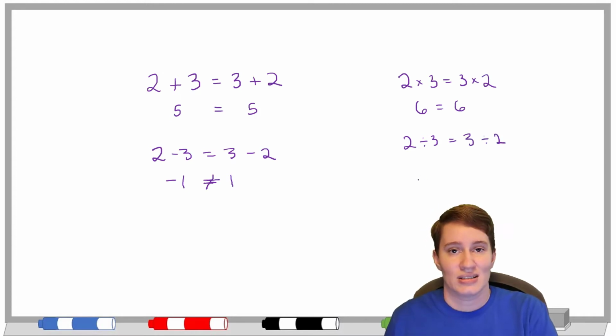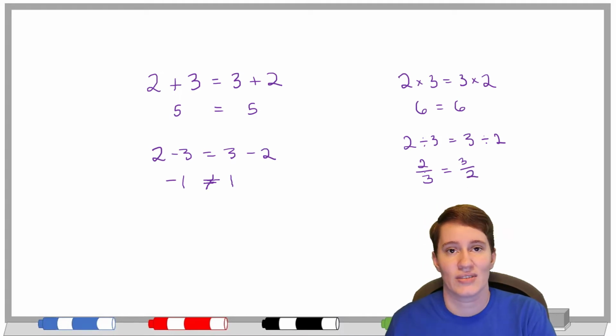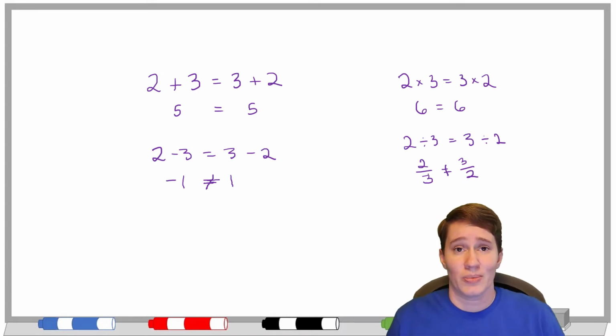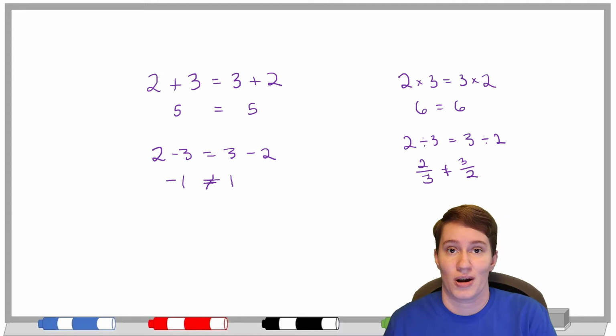Now, it's easier to actually think about this as them being fractions. 2 divided by 3 is 2/3. 3 divided by 2 is 3/2. Yeah, they have the same numbers, but are 2/3 and 3/2 the same thing? No, those don't equal. So we have this property that's true for addition and multiplication that's not true for subtraction and division. And we call this property the commutative property.